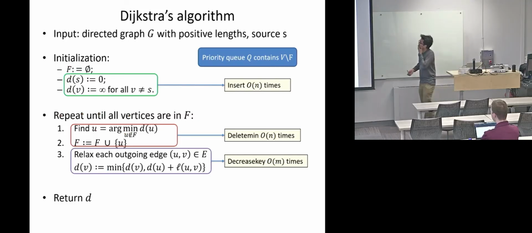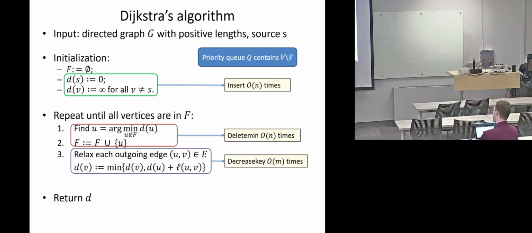Why? In the initialization, for every node you insert it with the value d_s or d_v into the queue. To pick the next node, you just delete min. It's going to give you the guy with the minimum estimate.